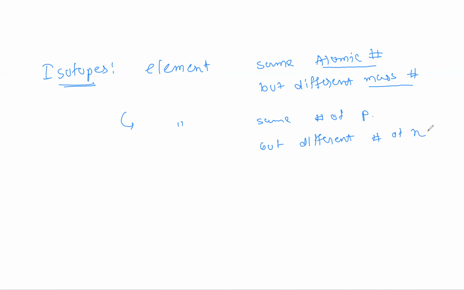Why? Because the only difference is the mass number. The mass number formula also includes the number of protons, so that must be constant. So the only difference that can be created is a different number of neutrons. Is that clear to you?